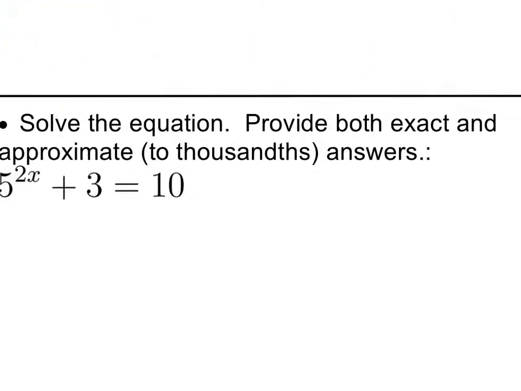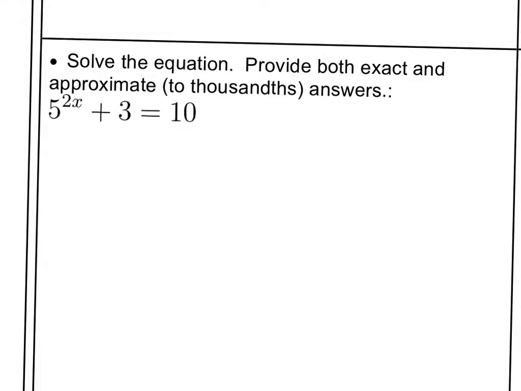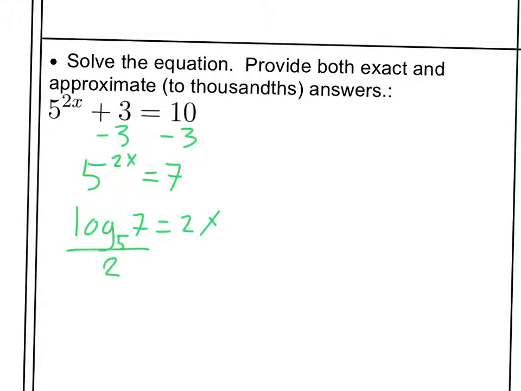For the third problem on this page, we got to solve an exponential using some kind of a log to solve it. And to do that, we're going to minus 3 to both sides. We get 5 to the 2x is equal to 7. Use log base 5 of 7 is equal to 2x, and then if I divide by 2 on both sides, we get x is equal to log base 5 of 7 over 2. That's the exact answer.